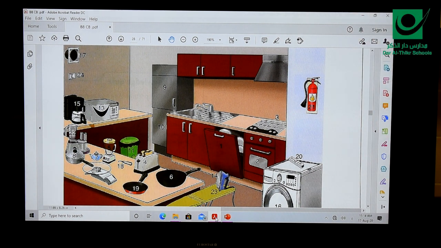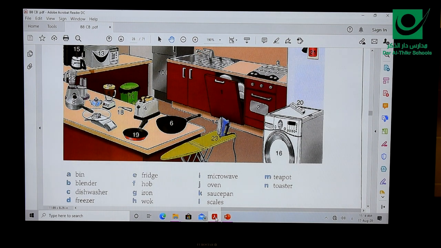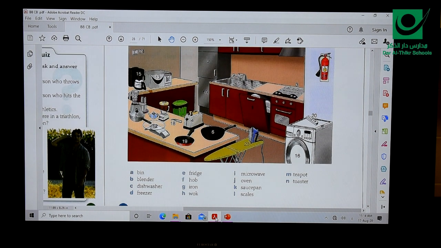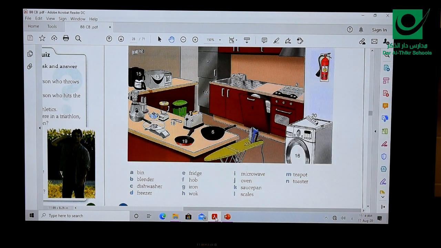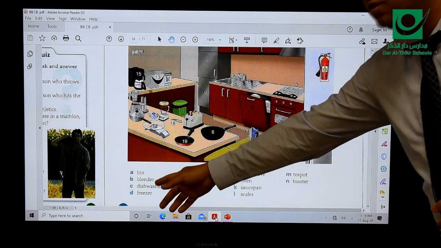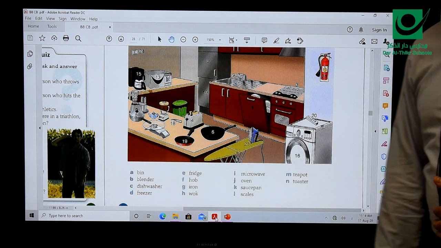Okay, we have some numbers here. So let's look at the words here. For example, the waste bin. Where is it? Look at the picture. It's number 11. Blender. You know the blender?